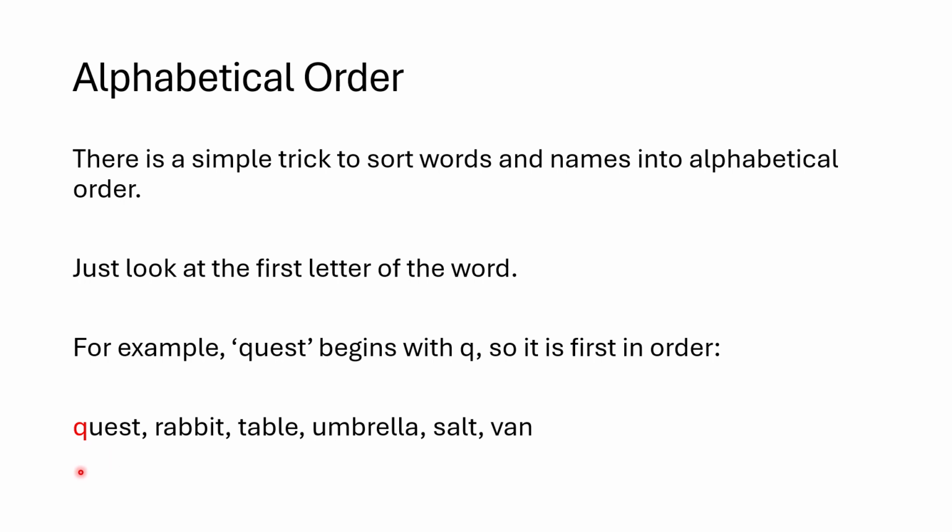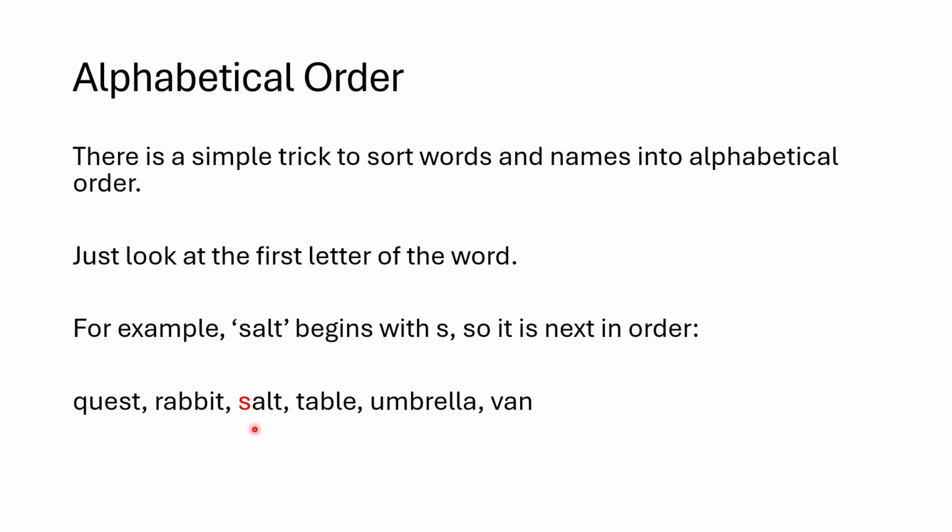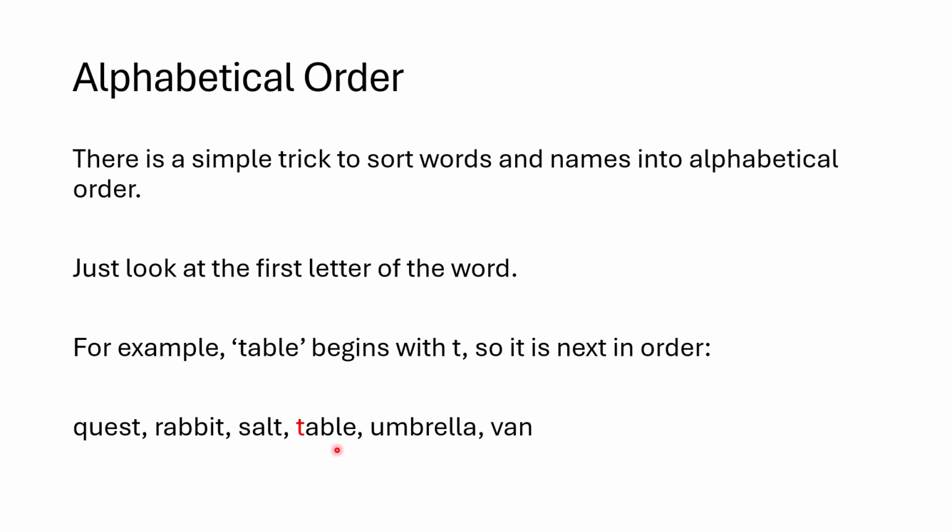Quest begins with a Q, so it is first in order. Rabbit begins with R, so it is next in order. Salt begins with S, so it is next in order. Table begins with T, so it is next in order.